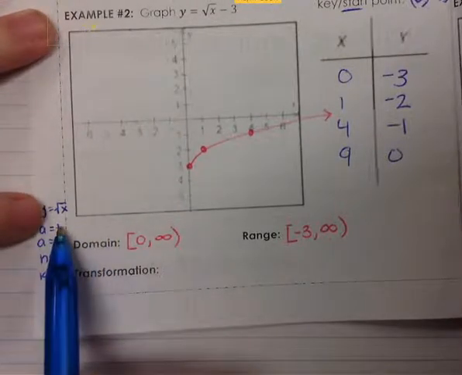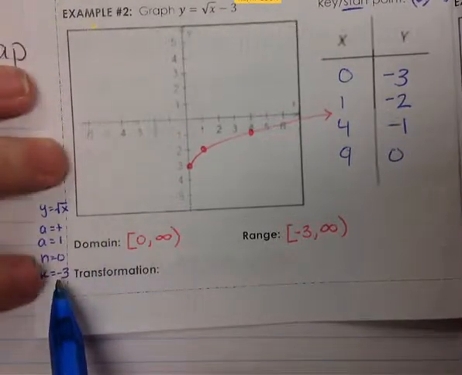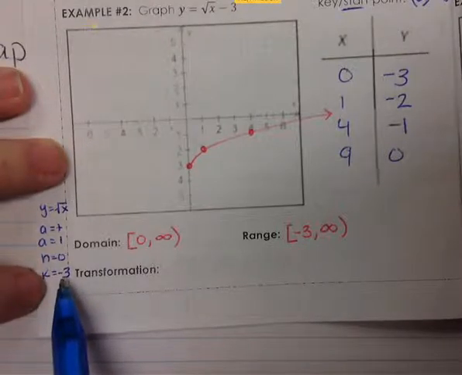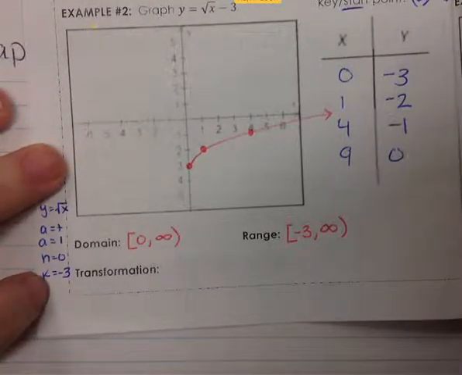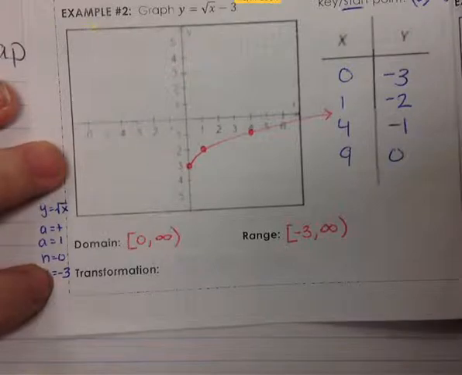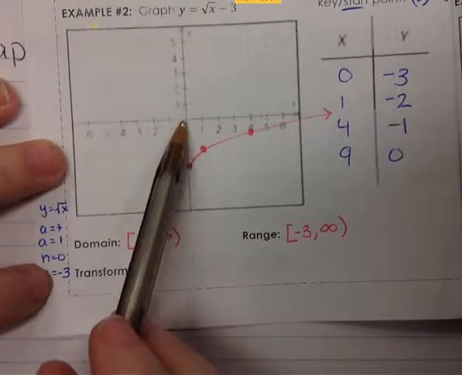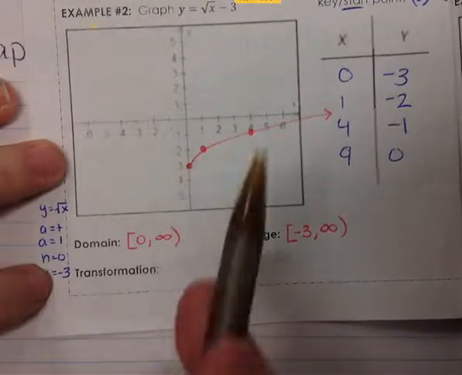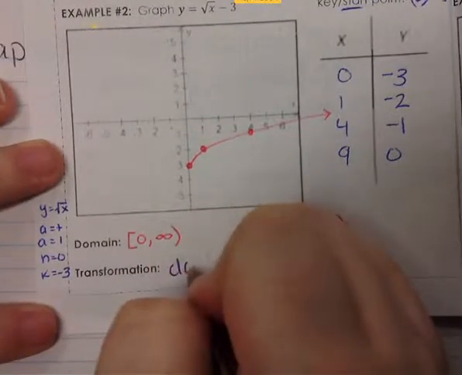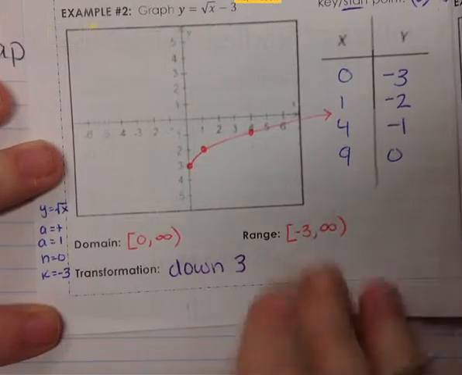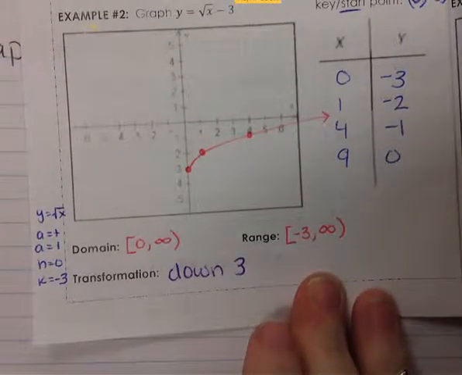So we have a 1 and a 0, but we do not have a 0 here. This is the transformation that happened, from 0, 0 to 0, negative 3. We went down 3. That is our transformation.